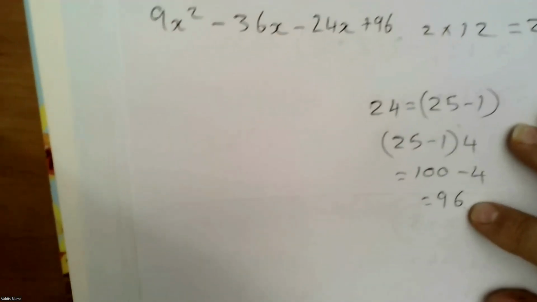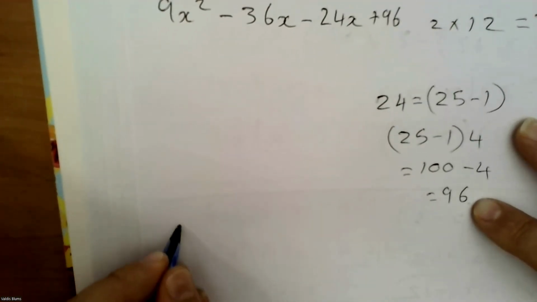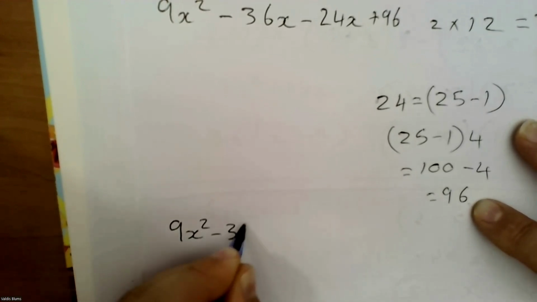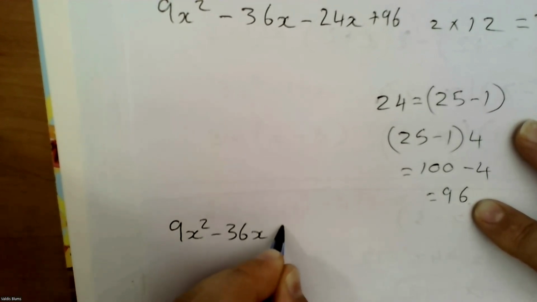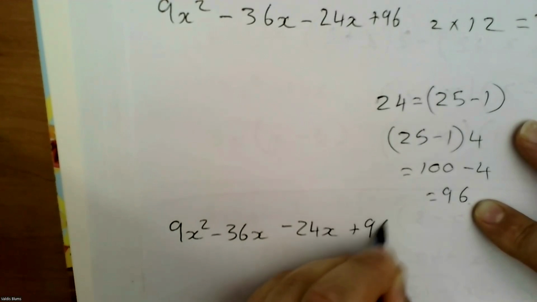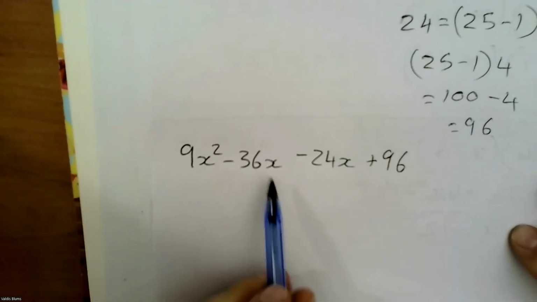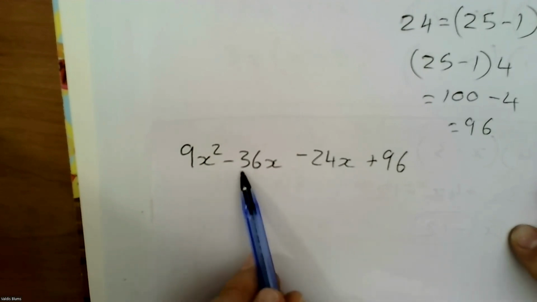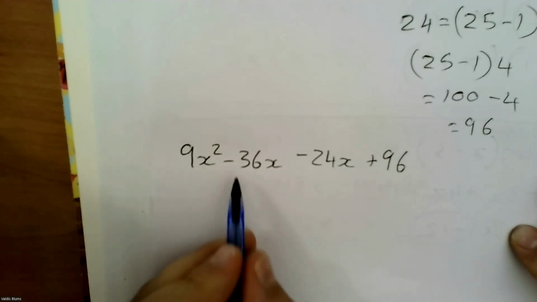So I'm just going to move down here on the page to make it a little bit neater. So I'm just going to rewrite that last line, 9x squared minus 36x minus 24x plus 96. Now, collecting our like terms, we can have 36x, so negative 36x minus 24x.